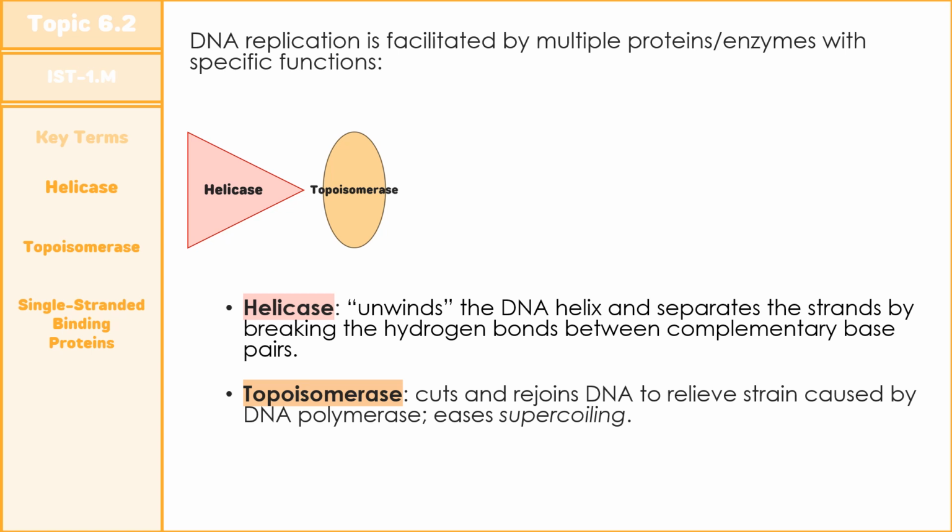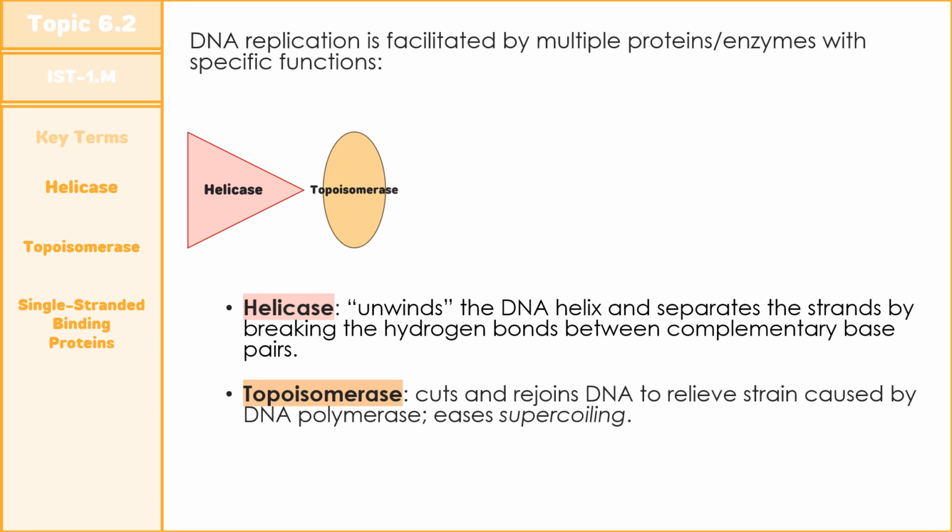So this eases the process of supercoiling. Now, in eukaryotic cells, topoisomerase is the enzyme that does this, but you may see it presented in other models as an enzyme called gyrase, which is what we see in prokaryotes.